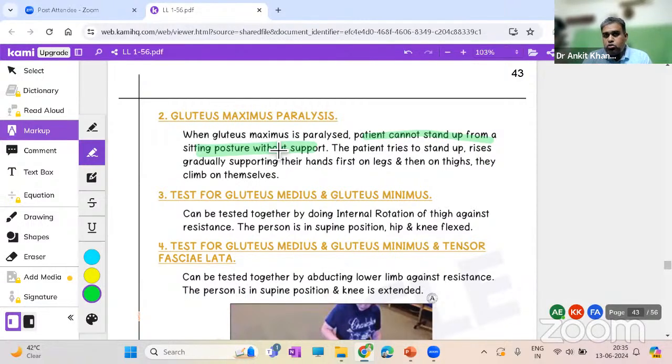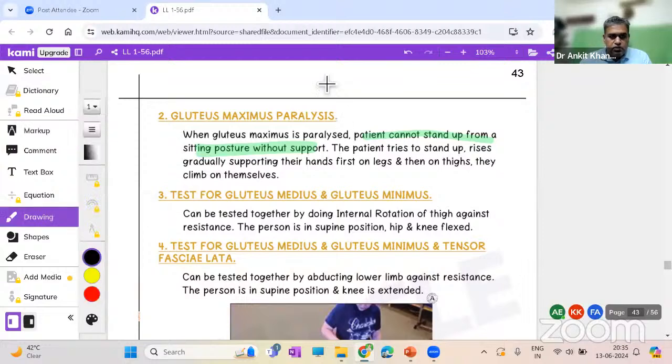Then you lift your whole body, and your thigh goes from flexion to extension. Therefore, walking upstairs is a very good exercise for your gluteus maximus. If you want to test the gluteus maximus, just ask any person to walk upstairs. In one step, you will be able to understand.